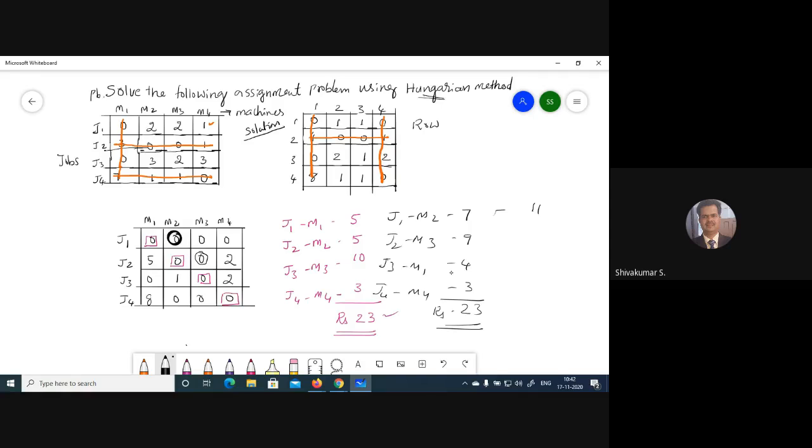Next J3, M1 should be taken, it is 4, and J4, M4 is 3. Same value. Fortunately, for all the alternative solutions, we are getting the same value. So whichever assignment you pick, it doesn't matter. You're going to get the answer as 23 only.